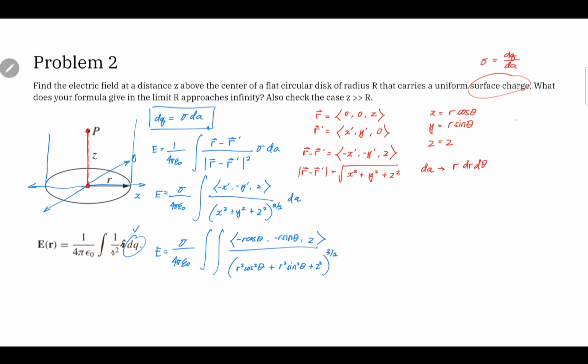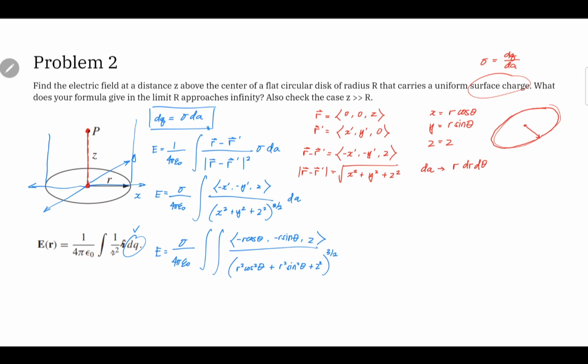So think about when you integrate, you're basically integrating from the center going to your radius here, and then you go around 360 degrees so that you could form a circle. That's essentially the logic behind integrating. So you do it in one dimension, and then you go around to form a circle.